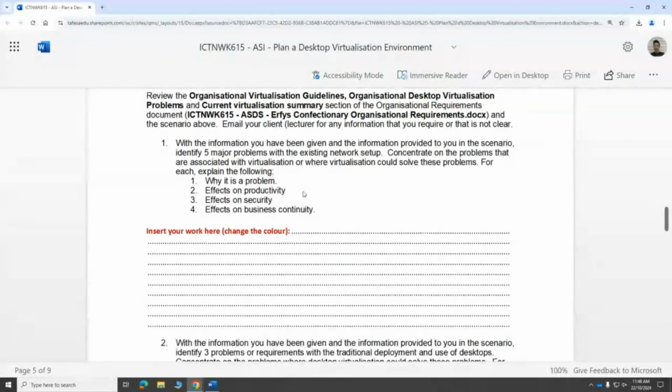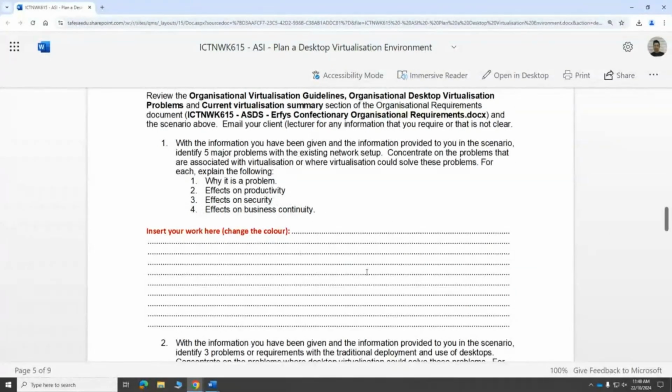The effects on security, which is an important one, because if we take files on a physical device and go somewhere, that device has the files on it and could be lost, couldn't it? But if we are working from a virtual desktop, there's nothing stored on the actual end device, is there? Then business continuity, so how can the business continue to operate if something like that happens?